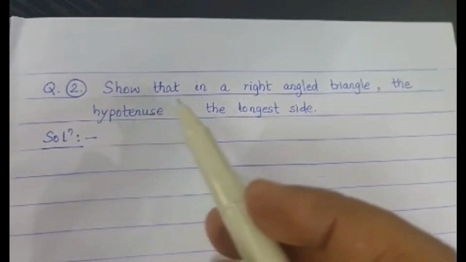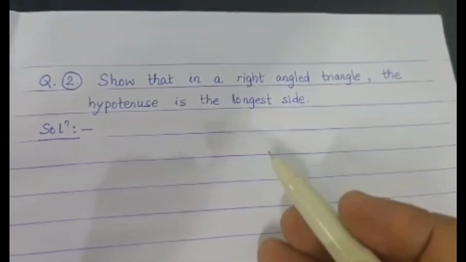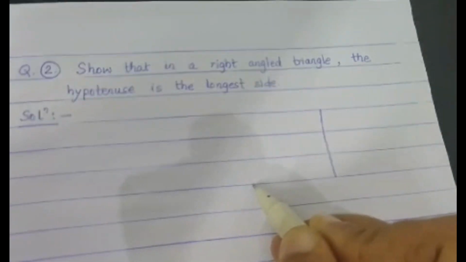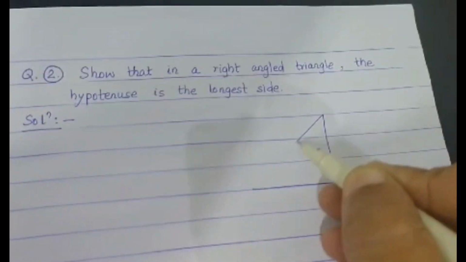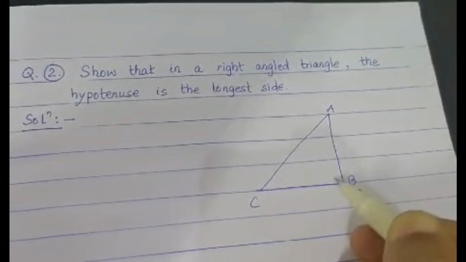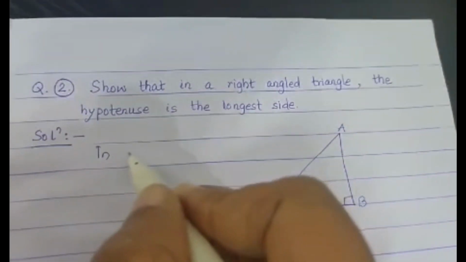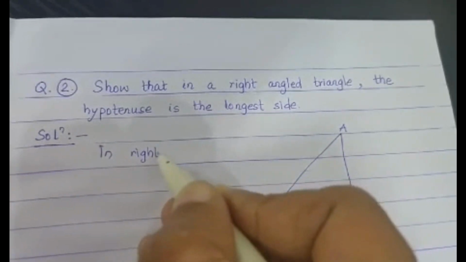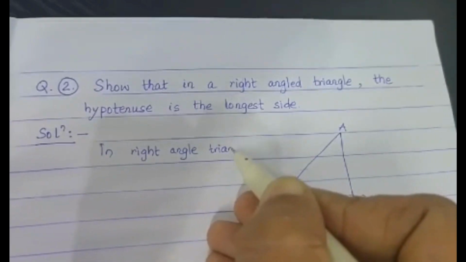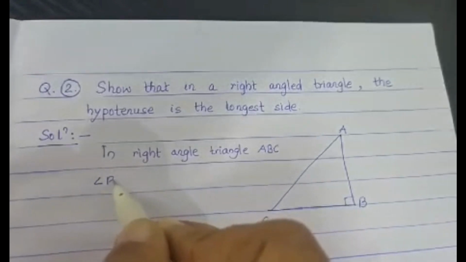It's a small question: prove that in a right angle triangle the hypotenuse is the longest side. Okay, we will prove it. First of all, let us draw one right angle triangle like this, A, B and C, right angle at B. So in right angle triangle ABC, we have angle B equal to 90 degrees.